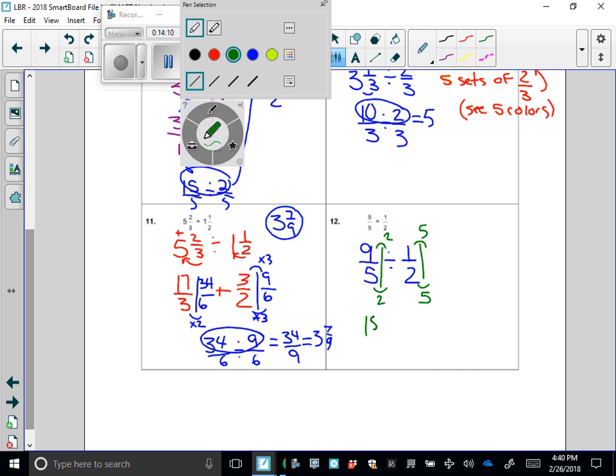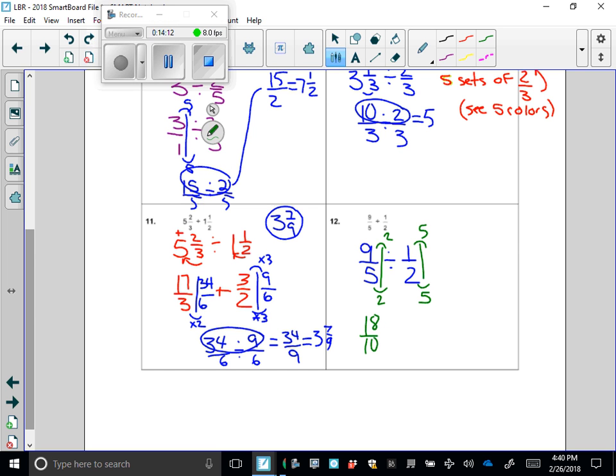So 18/10 divided by 5/10. 18 divided by 5 is 3, with a remainder of 3, 3 3/5. That's it. That's the worksheet.